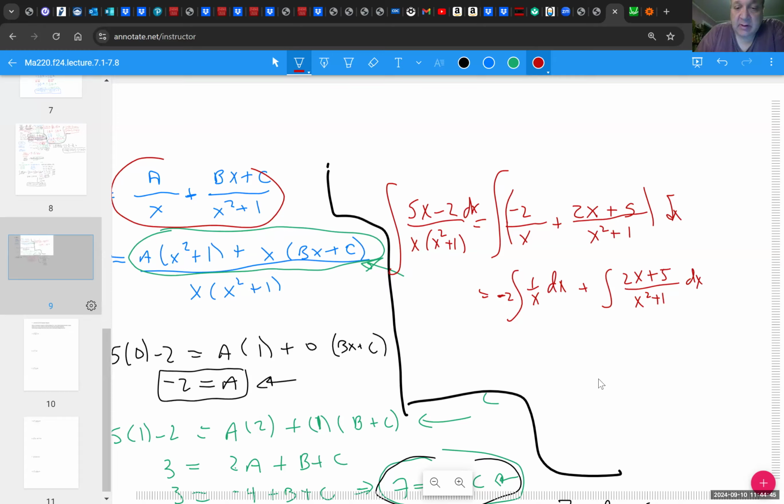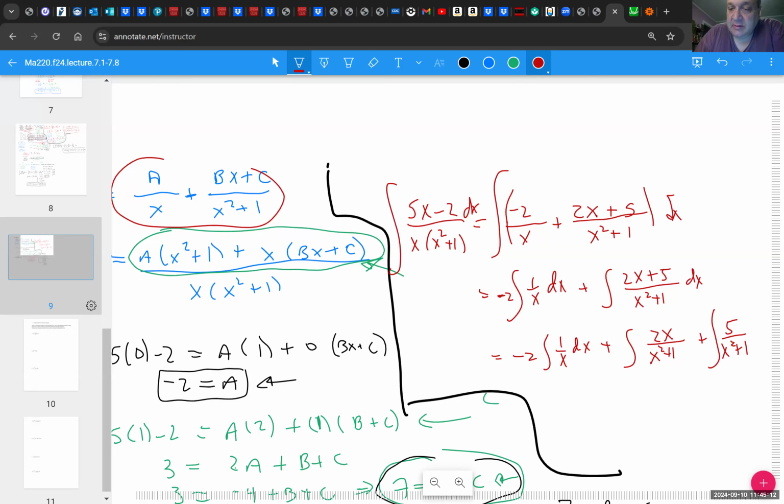And in fact, we're going to break this up a little bit more to make it easier, as much as we can. What else can we break up, you're wondering? Well, because 2x plus 5 is over a denominator, I can use the distributive property and write this as 2x over x squared plus 1 plus 5 over x squared plus 1. That's just distributing the denominator x squared plus 1 to each of those numerators.